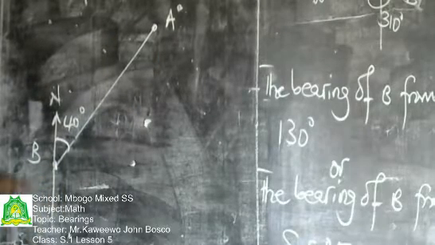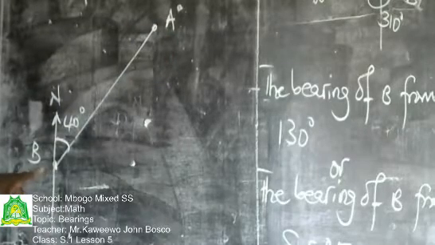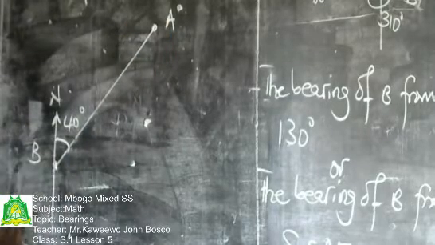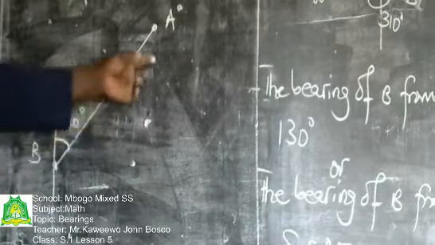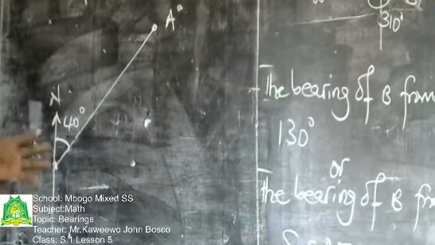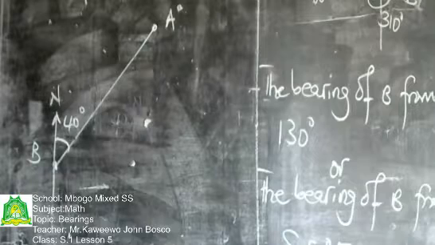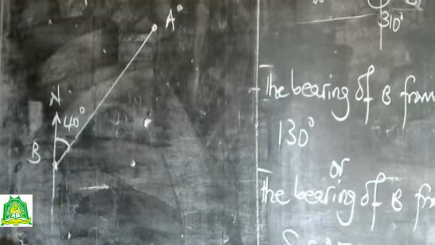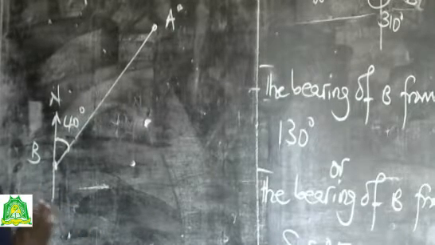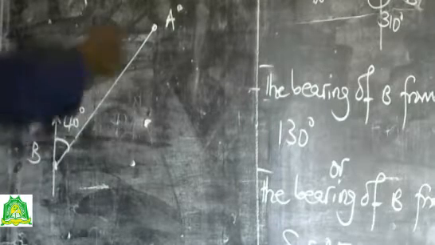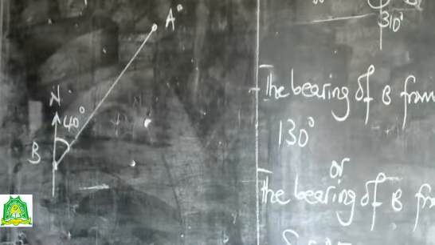If I'm moving from B going to A, we shall describe that one as bearing of A from B. This diagram is enough for us to state which one is the bearing of B from A or the bearing of A from B. Let me write down the question and we use it to interpret those two bearings.